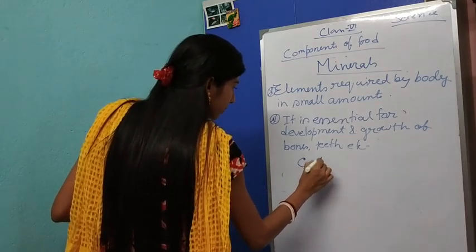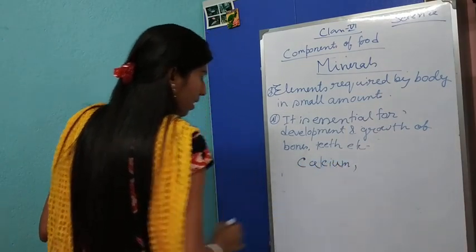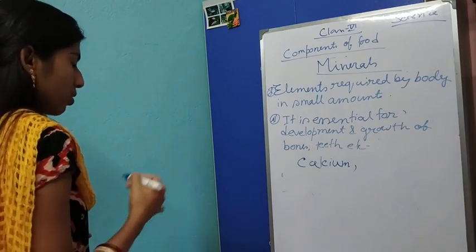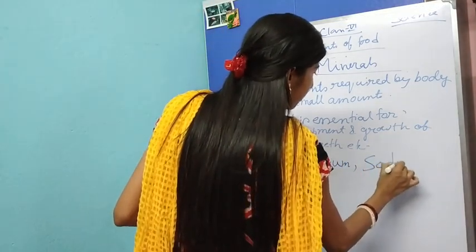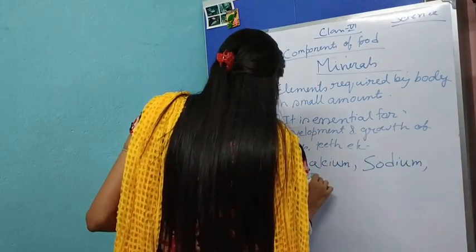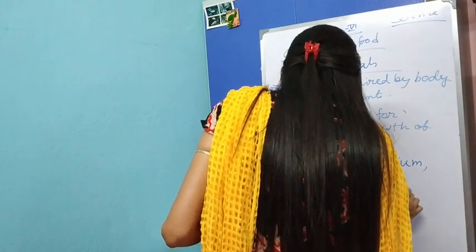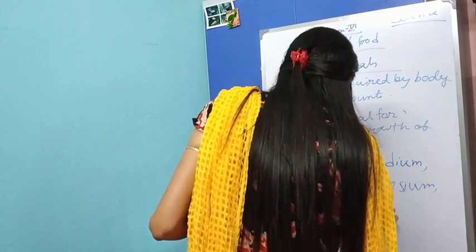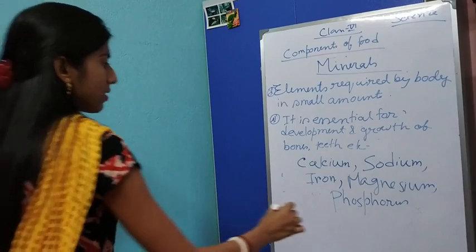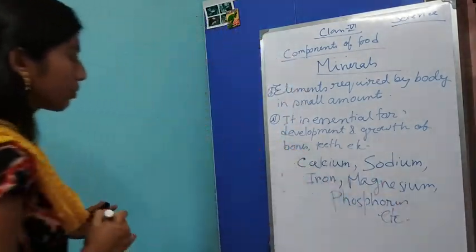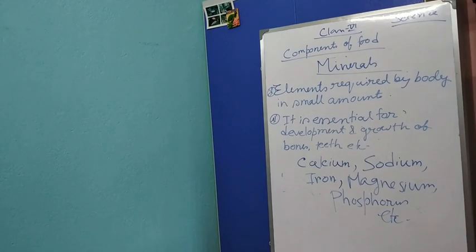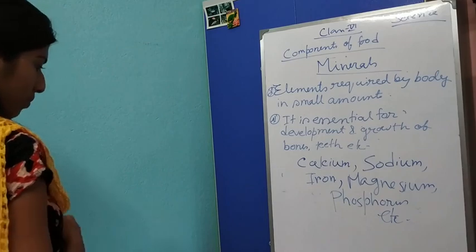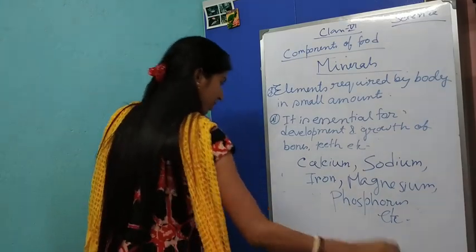There are calcium, potassium, manganese, sodium, iron, magnesium, phosphorus, etc. These are some names of the minerals which are required for our body in very small amounts, for our growth and development. And the next part is roughage.